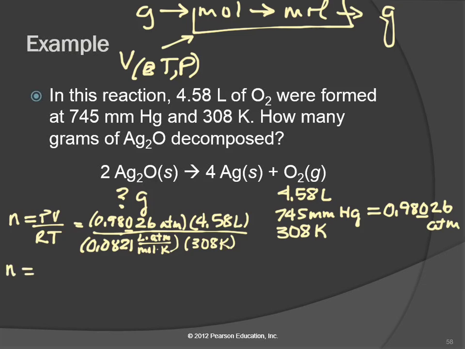So n equals 0.98026 times 4.58 divided by 0.0821 divided by 308. And the calculator says 0.177. This should have 3 significant figures also. I'm going to throw in 2 extras to avoid rounding errors by 5. And the unit on that is moles. That's moles of oxygen.